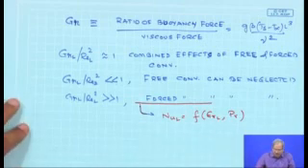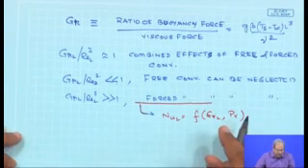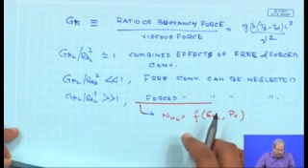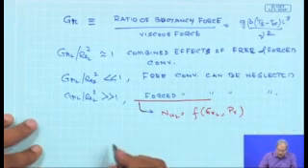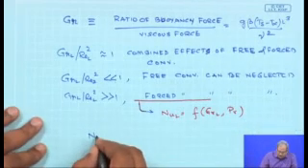A large number of relations and correlations are available for free convection. So what I am going to do is simply give you some examples of those relations.